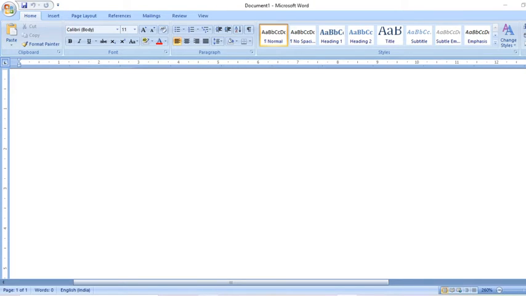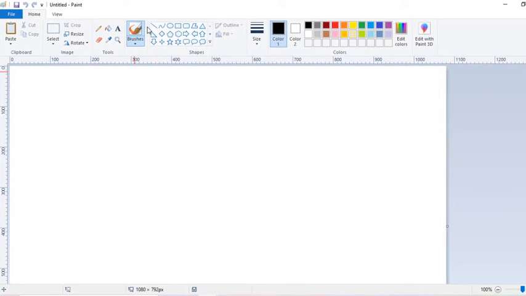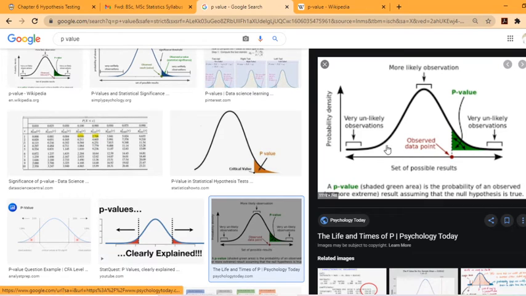standard normal distribution. Then you know that in the case of a standard normal distribution, you will have a curve like this.